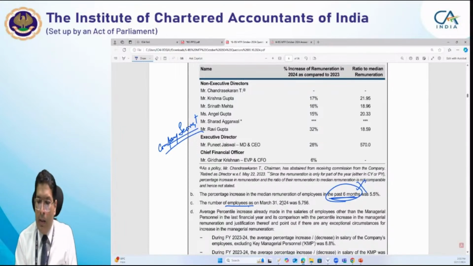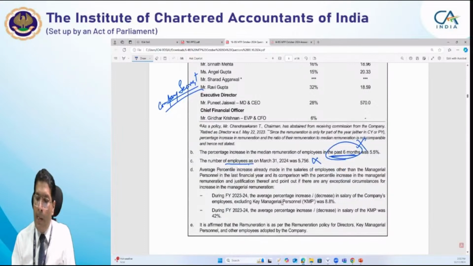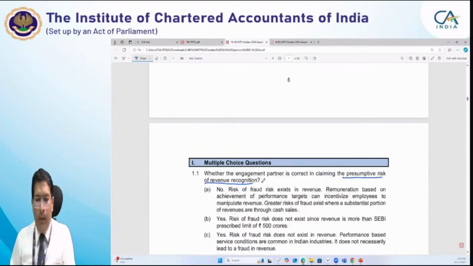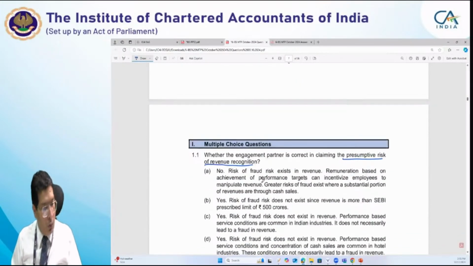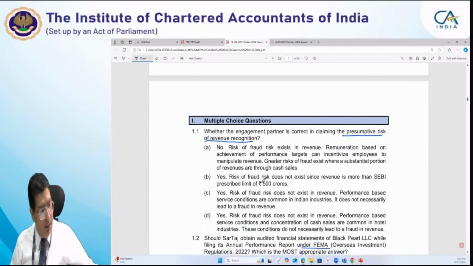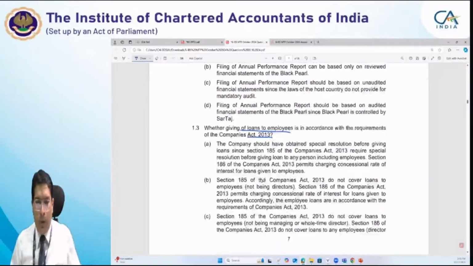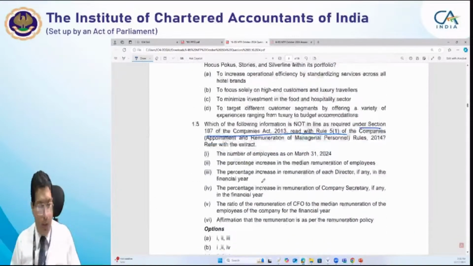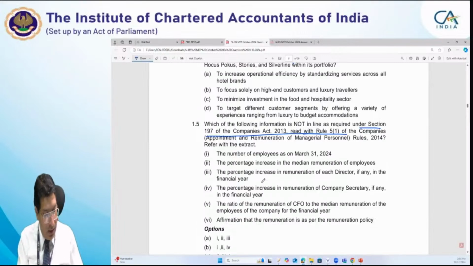Okay, again this statement is also incorrect. Okay, now let us go to MCQs one by one. First, I am going to MCQ number 1.5 because we have discussed a few points recently.